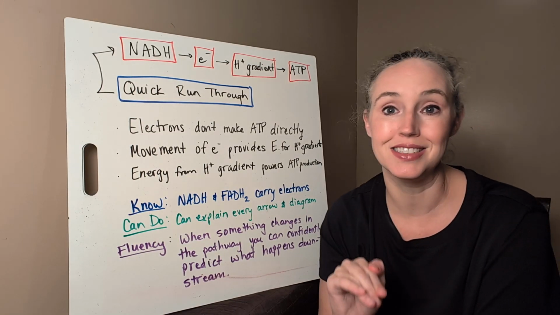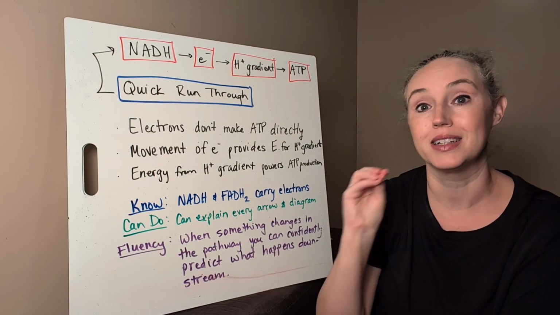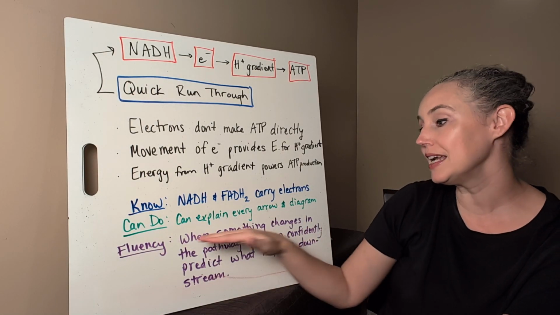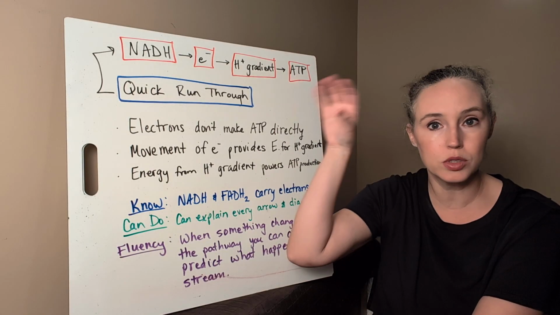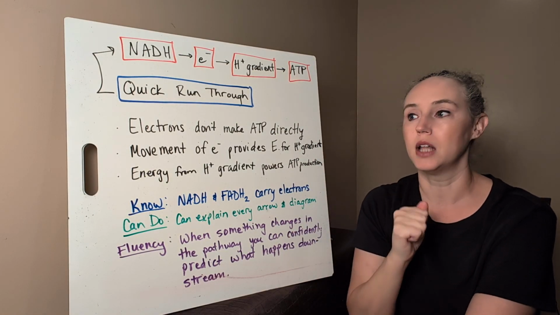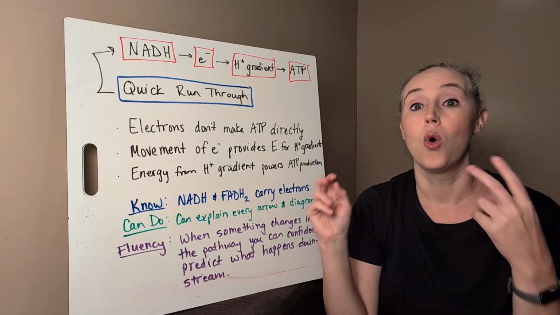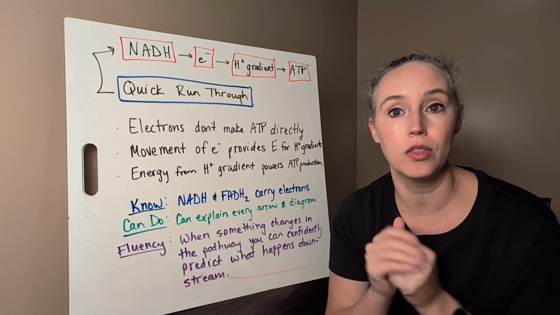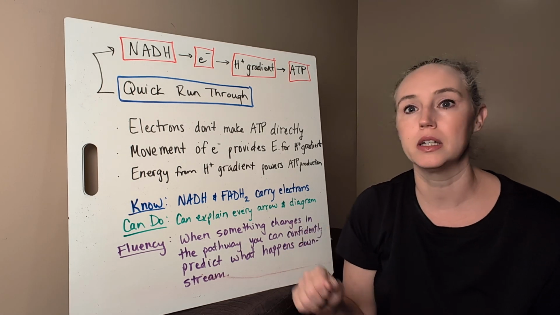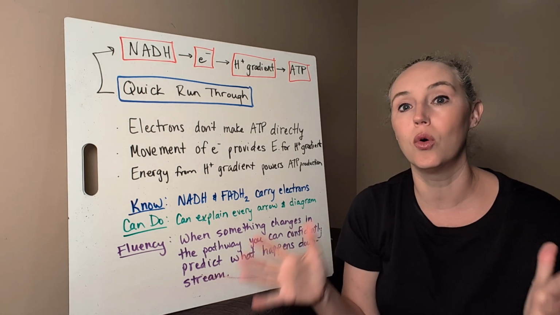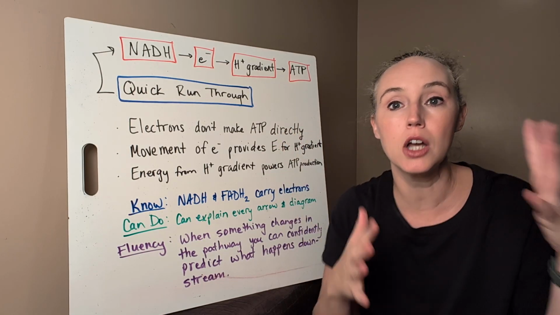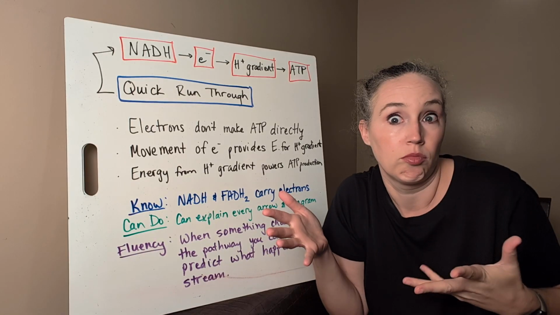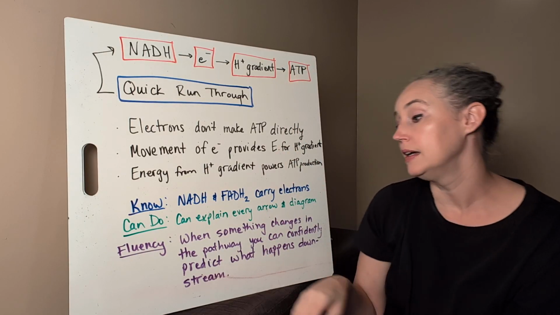But AP biology requires fluency, like the AP biology exam. Fluency means that if something in this pathway or one of those diagrams changes, like if oxygen's not there, or what happens if there's a mutation in the fourth protein, or a mutation in ATP synthase, or what if the membrane goes away, that hydrophobic membrane?